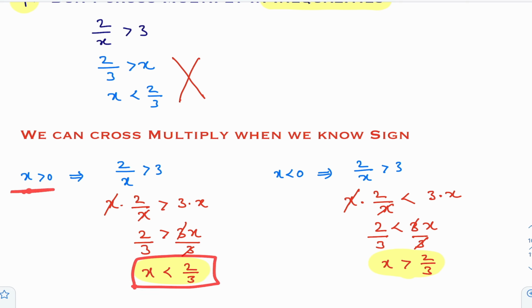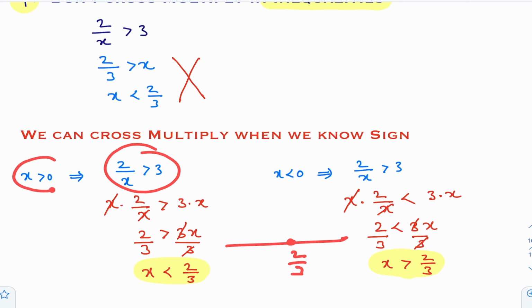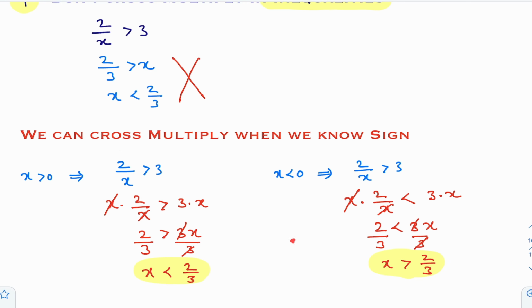When x is greater than 0, this is the solution of this inequality. If x is less than 0, then x is greater than 2 by 3. The solutions are different. On the number line, if 2 by 3 is somewhere, then when we know x is greater than 0, x less than 2 by 3, this part is the solution, the left hand side part.